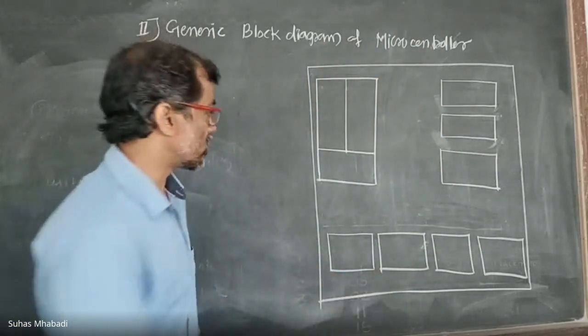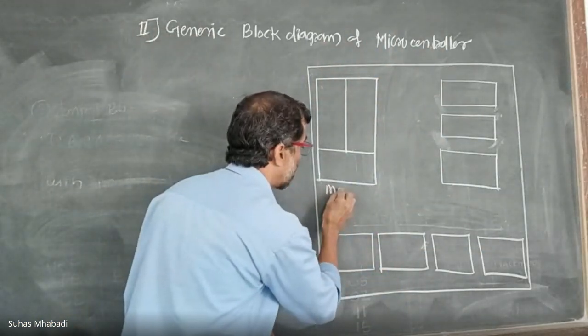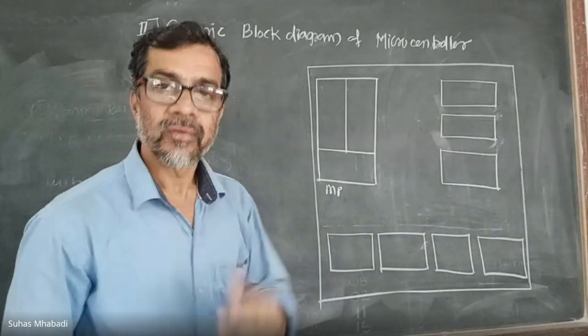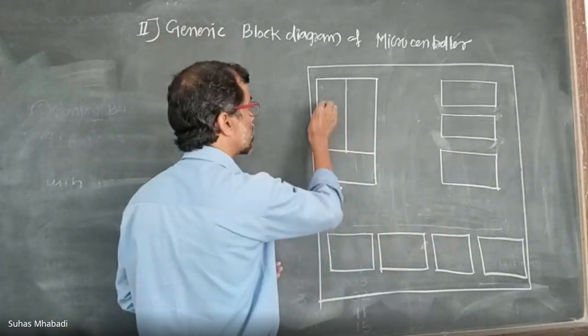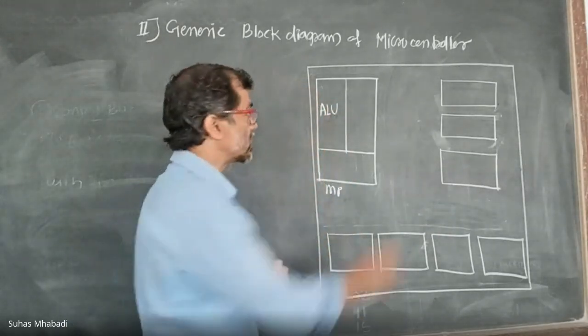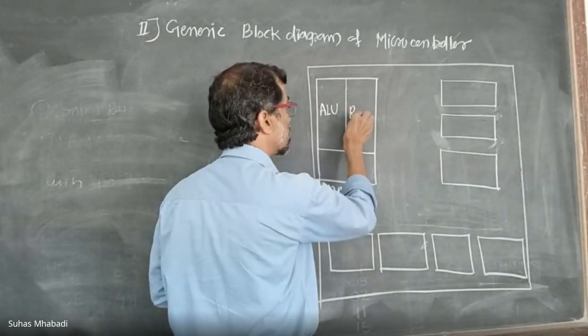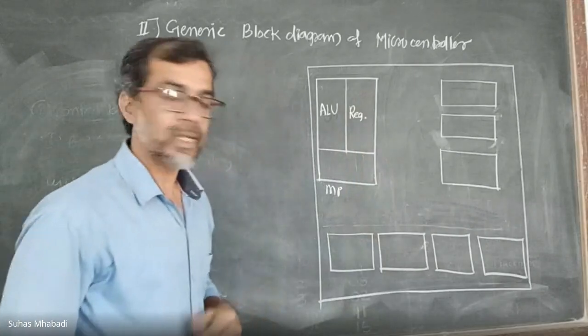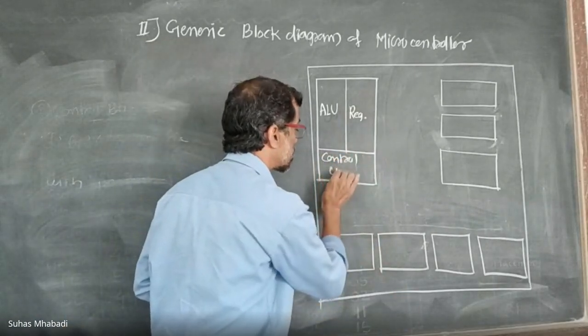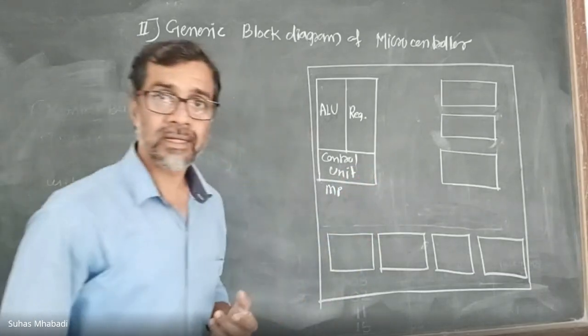This IC consists of a microprocessor. What does the MP consist of? It consists of the arithmetic and logical unit, as we have seen in the first lecture. It consists of a number of registers. It consists of a control unit.